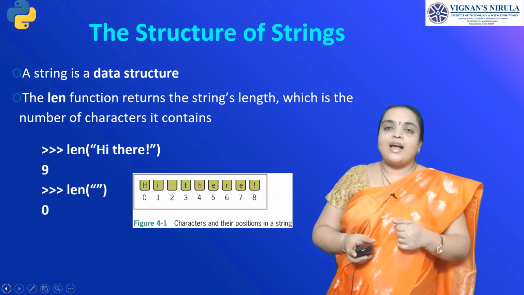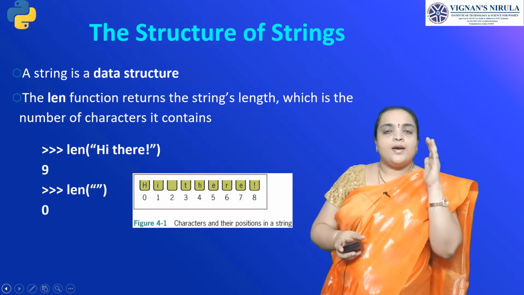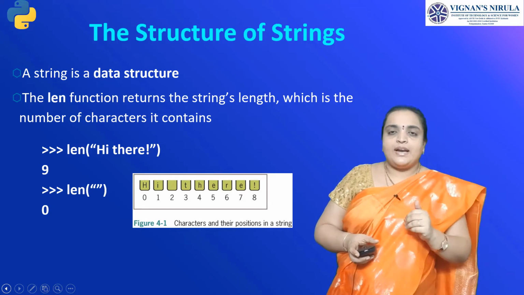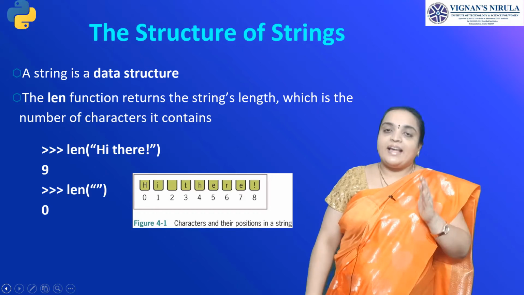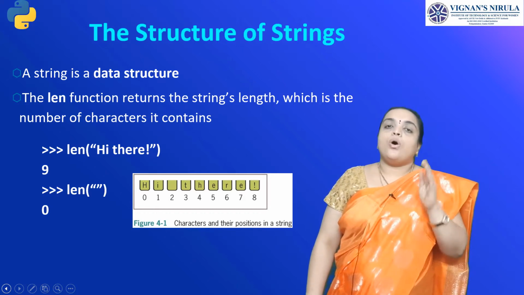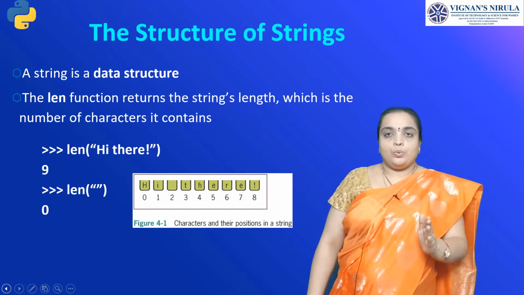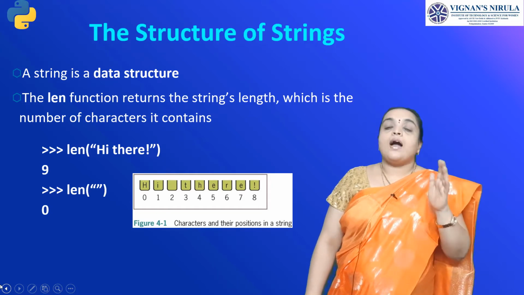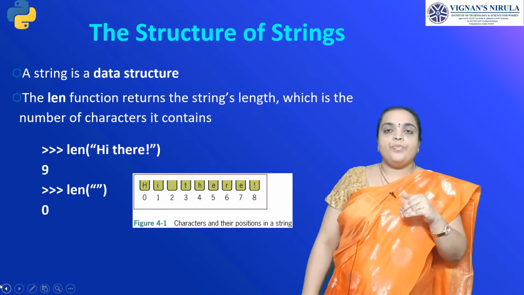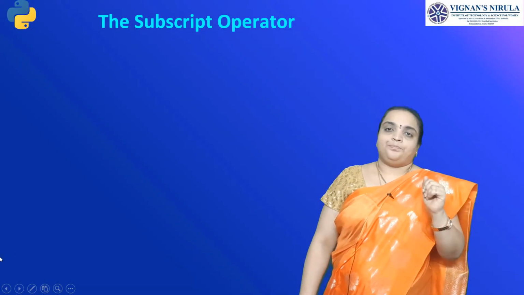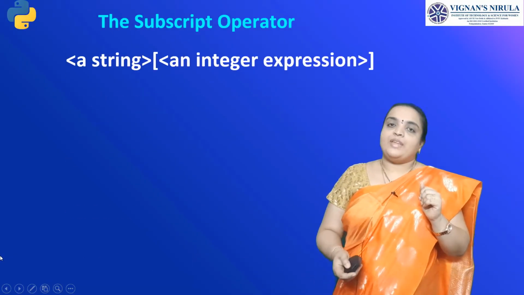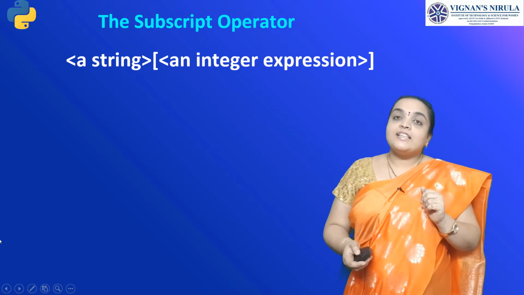In C programming, the array index starts from 0, isn't it? In the same way, here the strings will occupy the index. The index will always start from 0. Is that clear, students? And what is the end index of a string? The end index of a string is stated as -1. Is it clear? Then move on to the next operator.